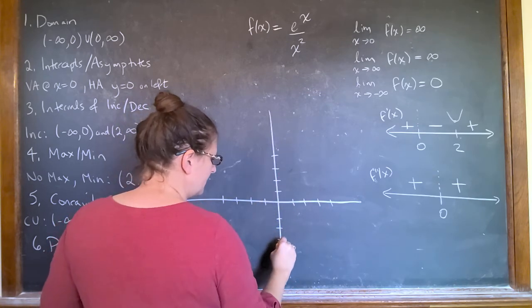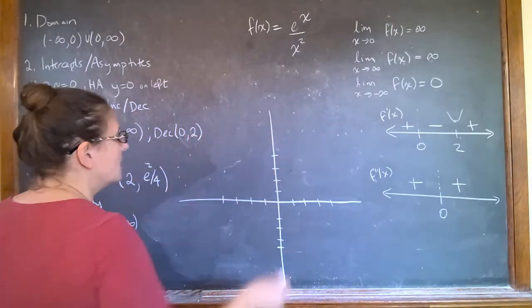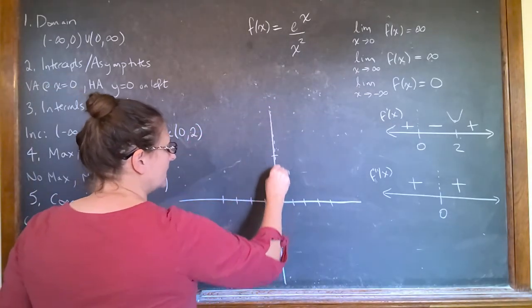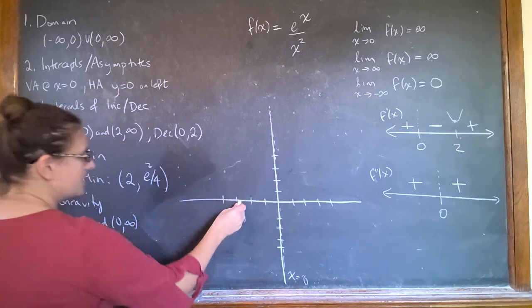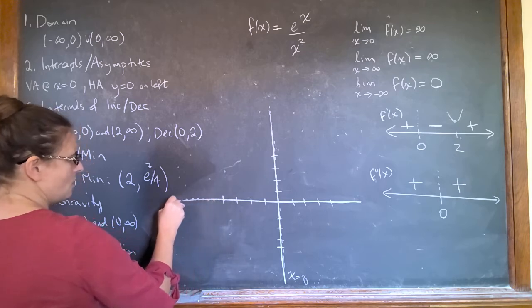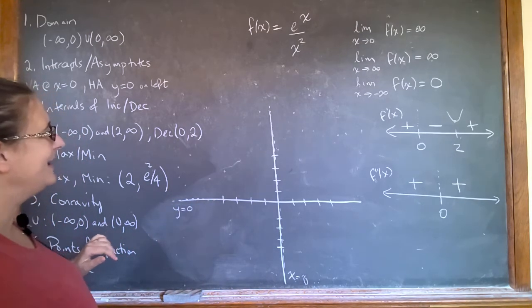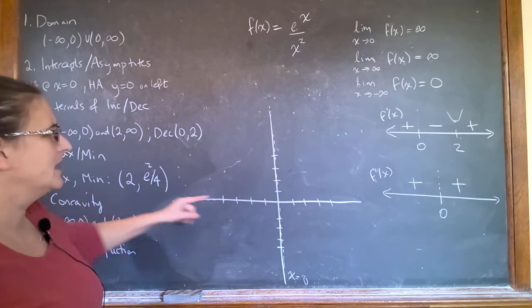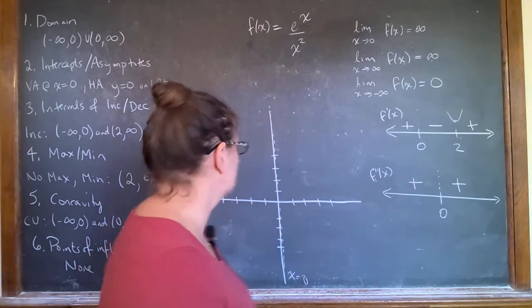So here's my axes. I know that from what I got here, I have a vertical asymptote at x equals 0. On the left-hand side, I have a horizontal asymptote at y equals 0. And on this left-hand side of 0, the function is always increasing and always concave up.